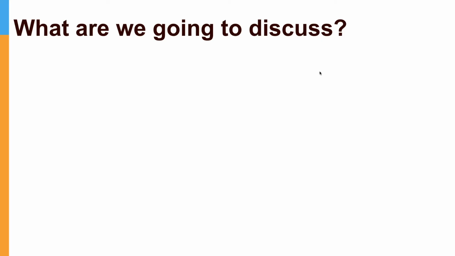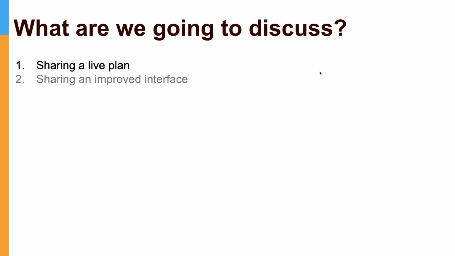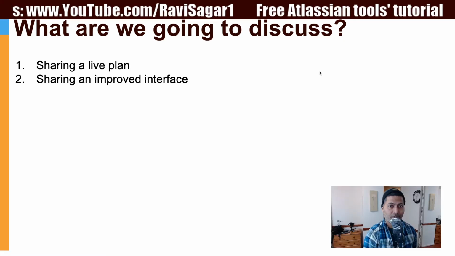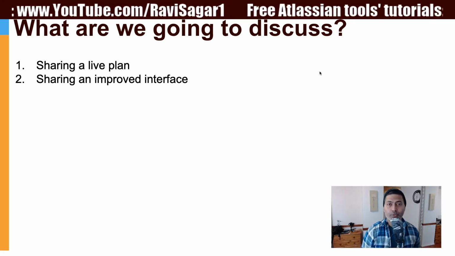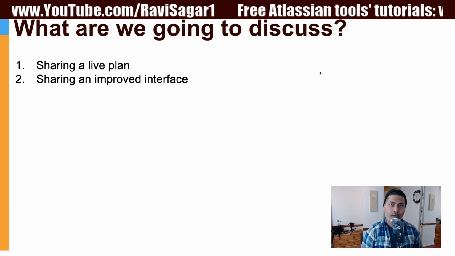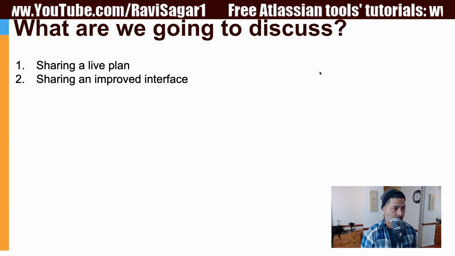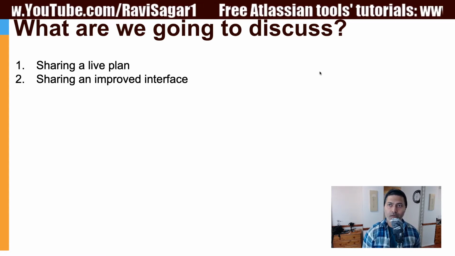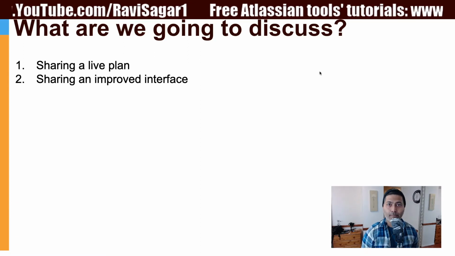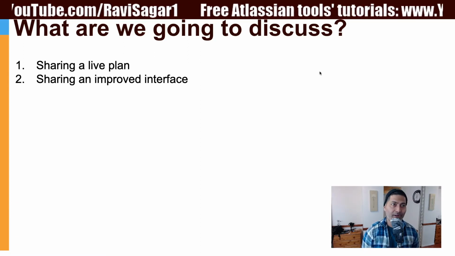In this video, let us learn how to share a live plan as well as share an improved interface, which is of course the plan that you have in your Portfolio for Jira when you start using it. And the improved interface is really good when it comes to planning your work with the help of the timeline that you can easily drag and drop.